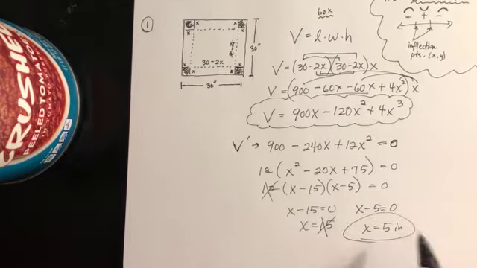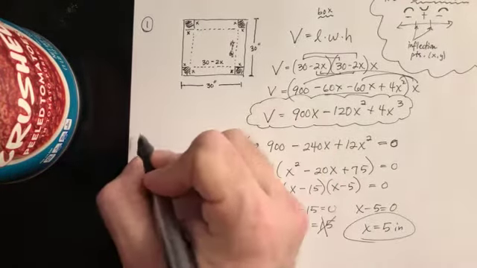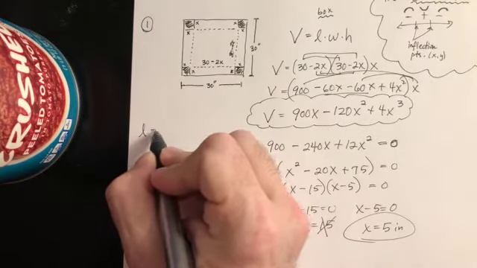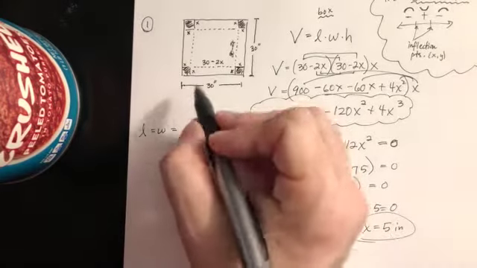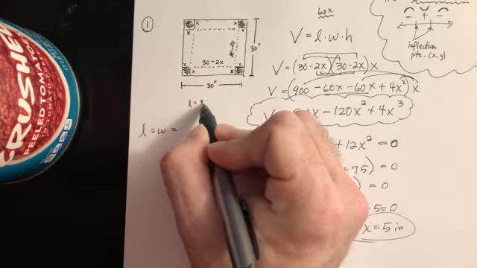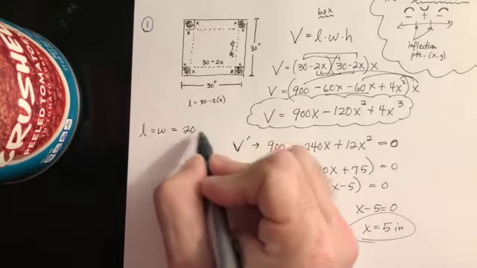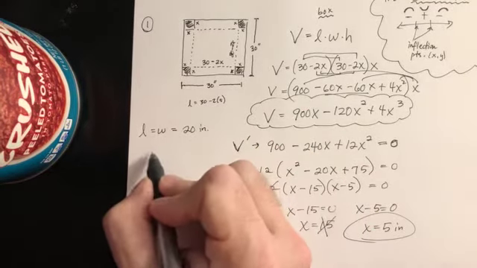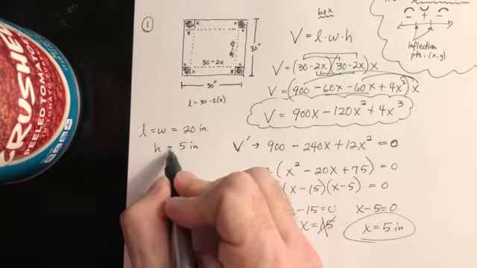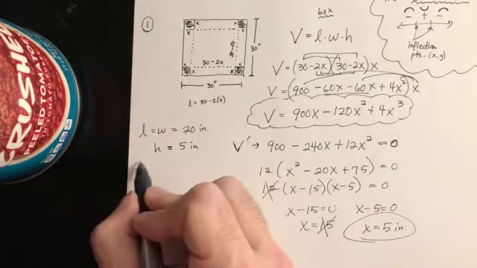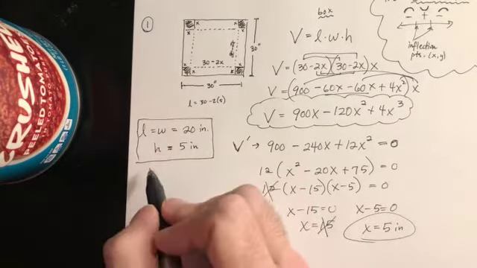So now that we know this is what we're cutting out of each side, I can say the length and the width are both equal to 30 minus 2 times 5. That's 10. 30 minus 10 is 20 inches. And the height is x, so I found that. That's 5 inches. Okay? So that is the answer to question number 1, the dimensions, length, width, and height.